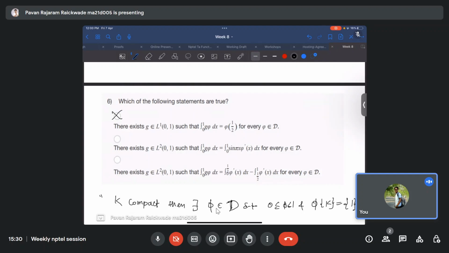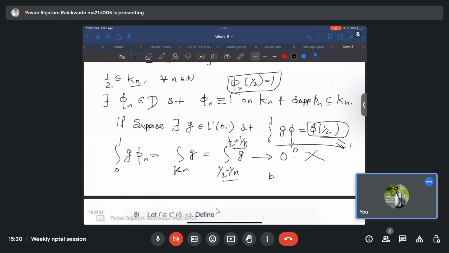Let's look at question number B. There exists a G in L1 such that the integral of G phi is this.